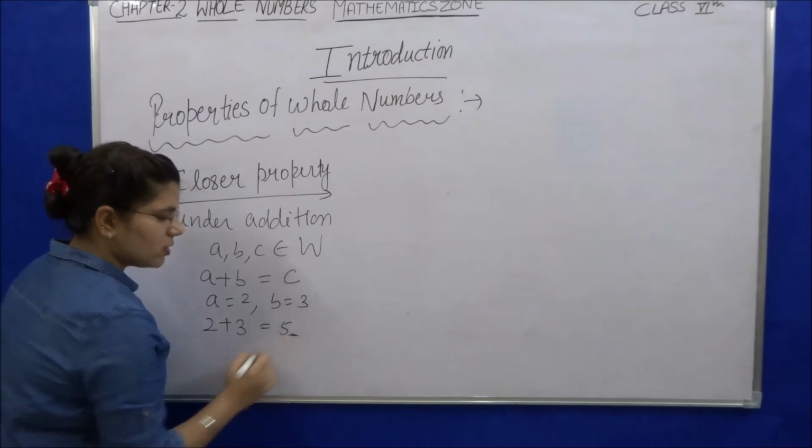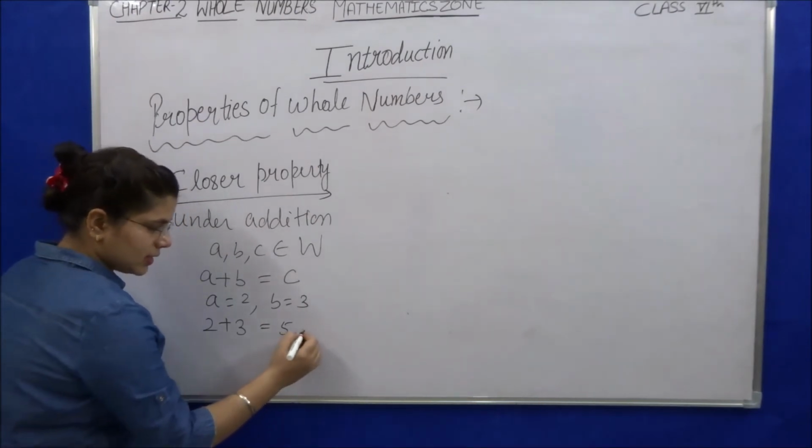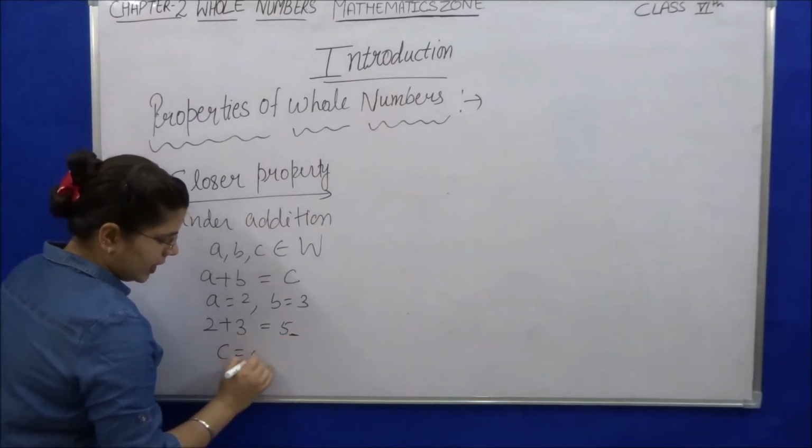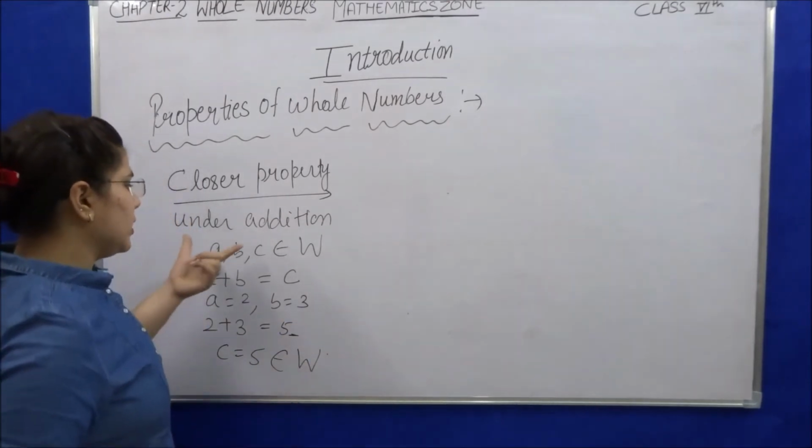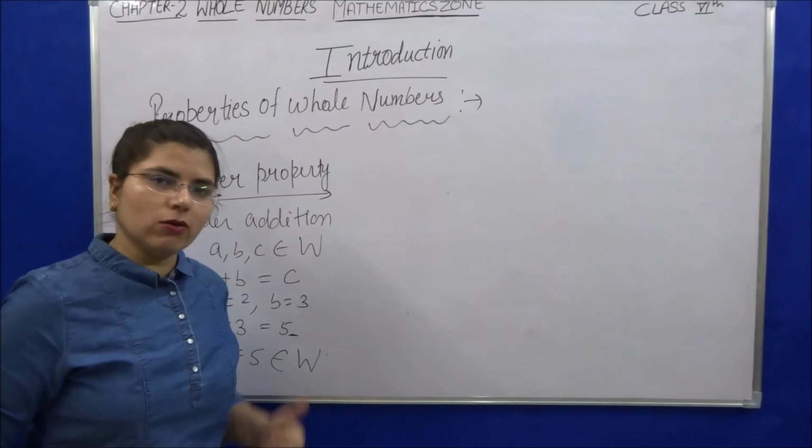Here 5 is also a whole number, so this is our c. So under addition, closure property holds good.